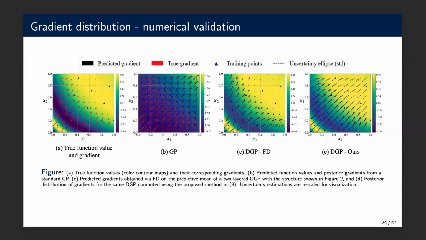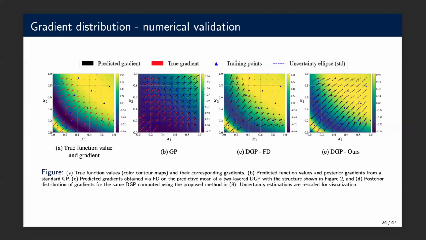Yeah, and that's the result we obtained. The left figure shows the true function value, represented by the color contours, and the red arrows represent the gradients at each test point. The blue triangles represent the training samples. In the second figure is the result we obtained by a stationary Gaussian process.